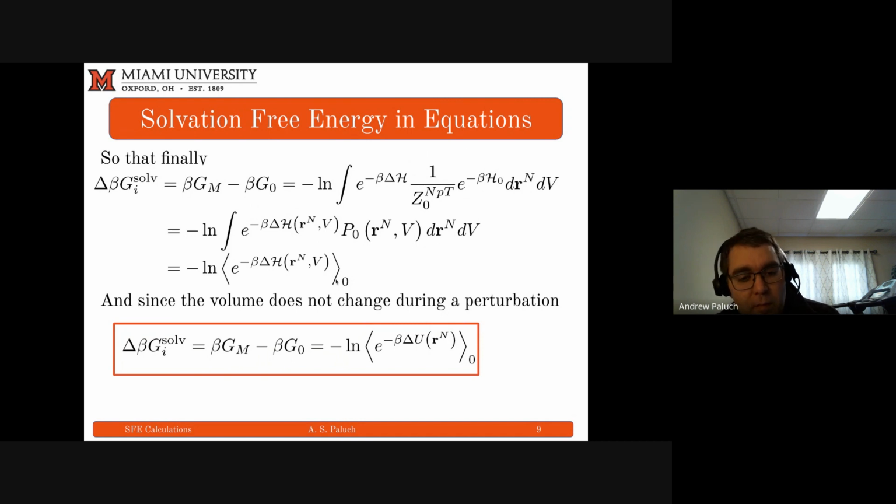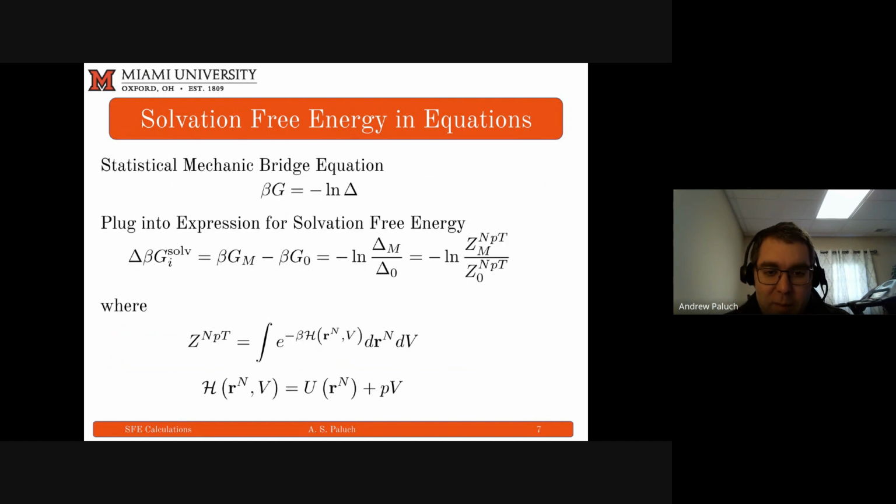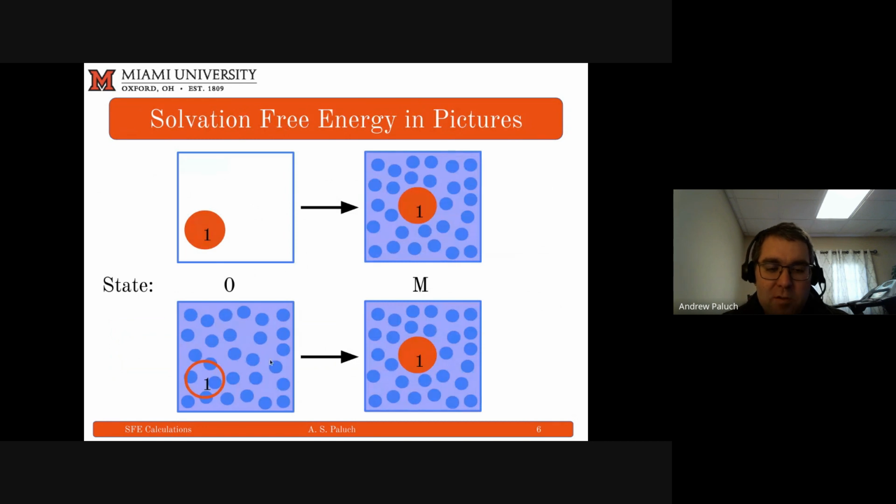Cool. And then all I do in this last line, which we'll look at and emphasize, is how we're going to execute this. We'll talk more about how we're going to execute this. But if I skip back to a picture, the idea here now is that what I need to calculate is an ensemble average in state naught.